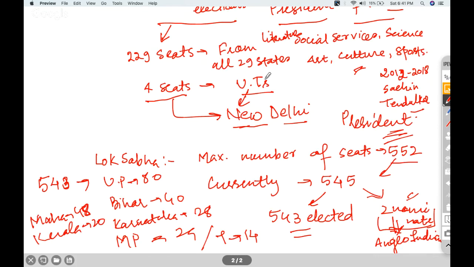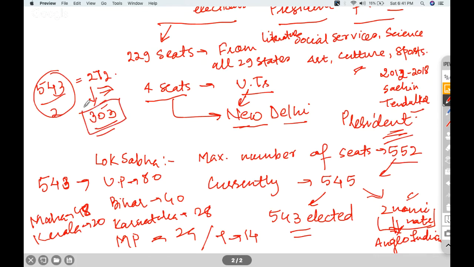There is absolutely no doubt about it. That's what I was checking. So out of 543, half the number of seats are needed to form a government, which comes out to be 271.5. Number of members can never be in decimal, so it has to be an integer more than that. So 272 members are needed. Currently, BJP has how many seats? It has 303 seats. So we have a secure and stable government in Parliament.